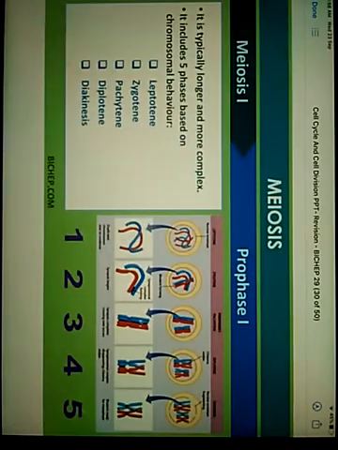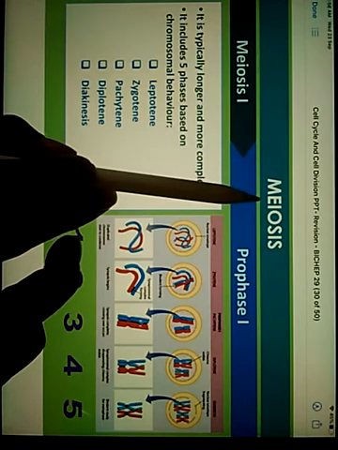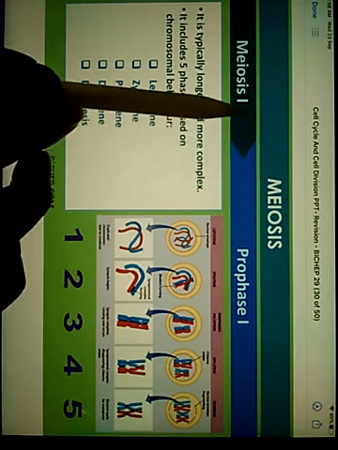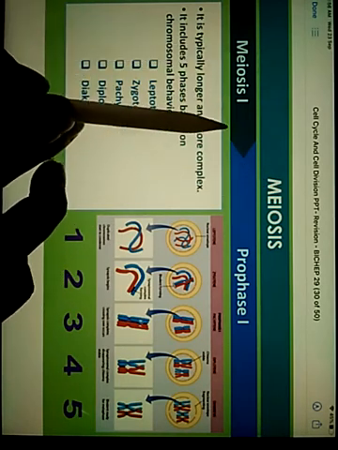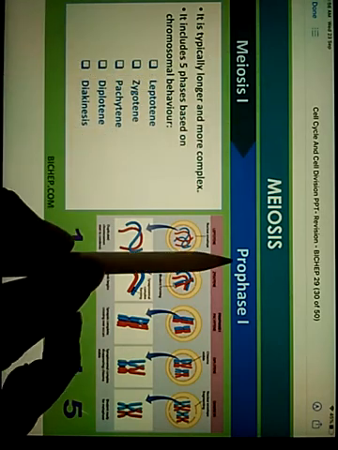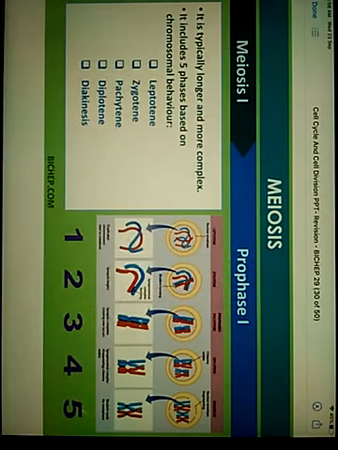Now, today's session, we are going to see the various phases of meiosis 1, and that too prophase 1. So we are now discussing prophase 1.